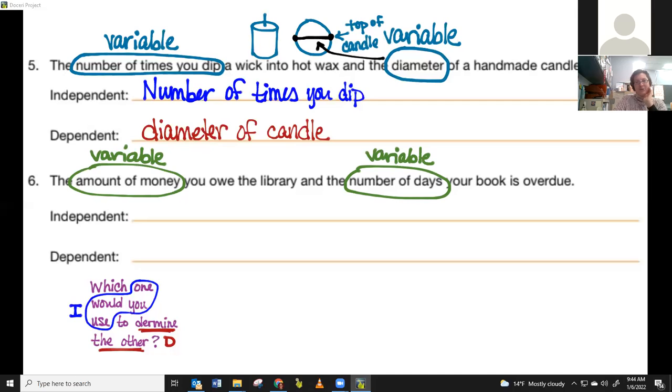Had 9 votes so far. Nice. Overwhelming majority said that money is the dependent variable, and I agree. The money owed gets determined by how overdue your book is.